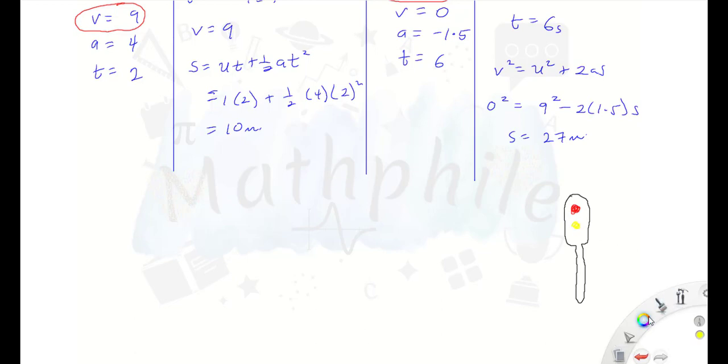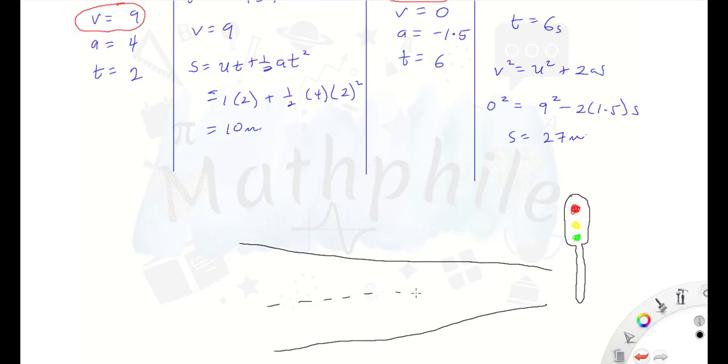A car was moving, a car was accelerating. At this point, that was accelerating.